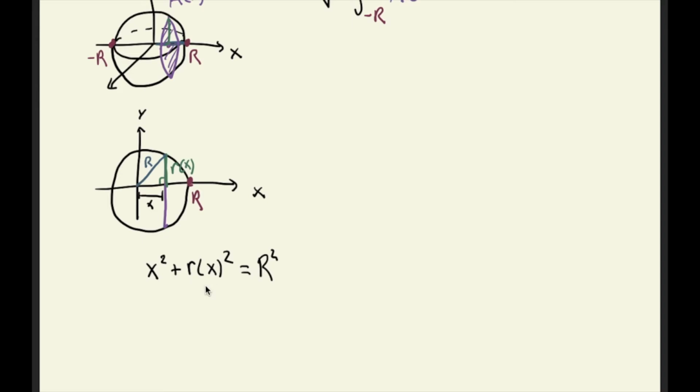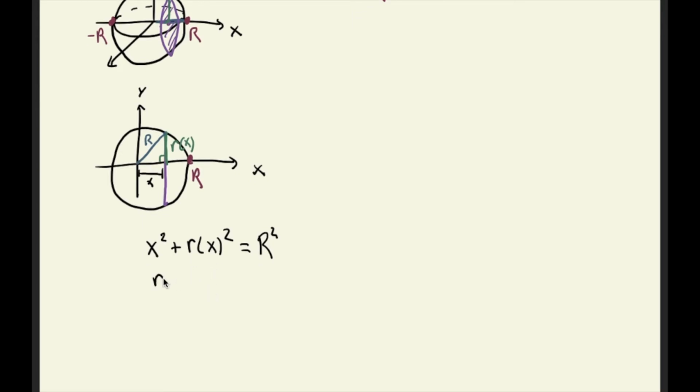And so this gives us a formula for this little r, the radius that we're looking for. R of x squared is equal to uppercase R squared minus x squared. If you want, then this radius is the square root of this, right? That's the radius of that circle, right?